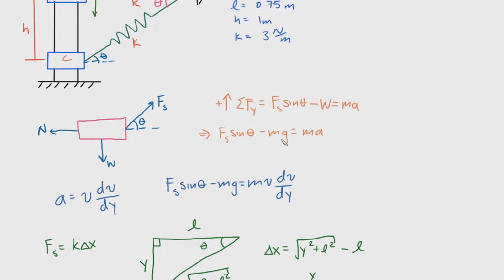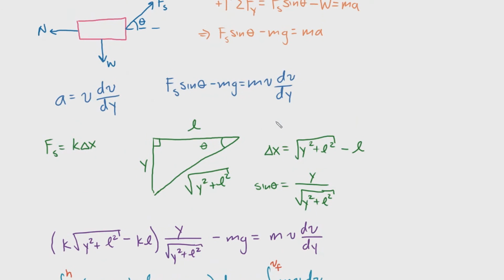But I wanted to explore the idea of energy, so we rewrote this equation in terms of this new quantity that we learned earlier, which is that acceleration is velocity times the derivative of velocity with respect to y, or the change in position. And the change in position is along the vertical axis, which we defined as y.